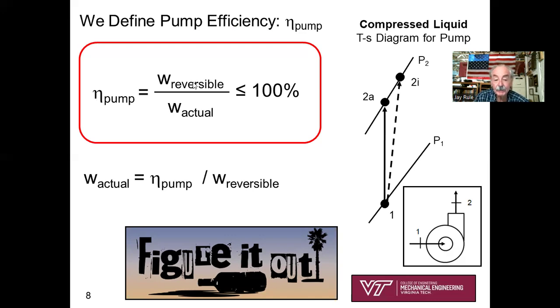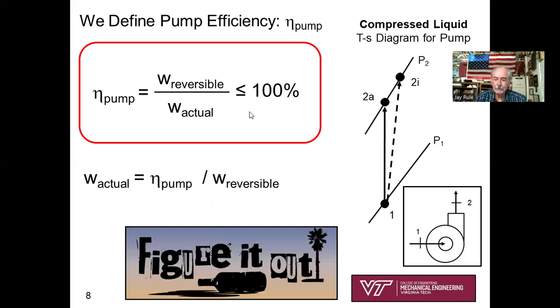But anyway, W reversible divided by W actual is the formal definition of isentropic pump efficiency. We always model our pumps as fully insulated. The casing of the pump is fully insulated. There's no heat transfer to deal with. And so this is called the isentropic pump efficiency, W reversible over W actual.